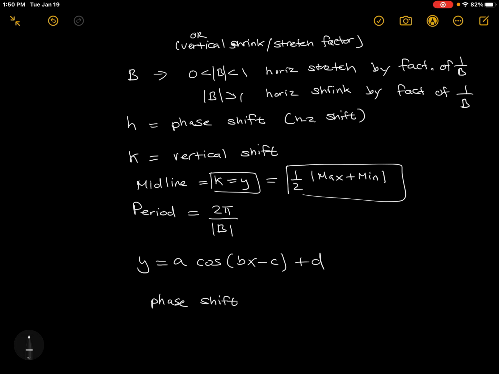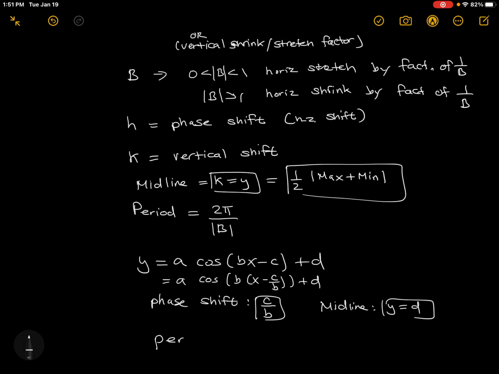To what value do I shift the graph horizontally? You have to do a little bit of factoring. If I factor out the b, I'm going to have x minus c over b. So in this case, the phase shift would be c over b. And then of course your midline is y is equal to this last number, y is equal to d, and the period is still going to be that formula, 2 pi over b.